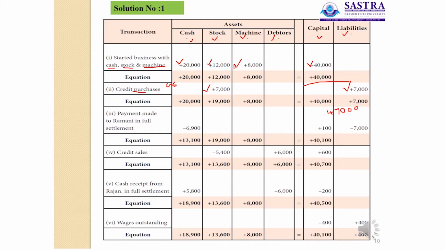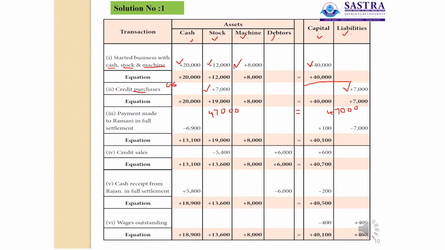On the asset side, 20,000 plus 19,000, 39,000, plus 8,000, 47,000. So the assets total is 47,000. Now your accounting equation is proved. Assets is equal to liabilities, 47,000 is equal to 47,000. Is it clear?